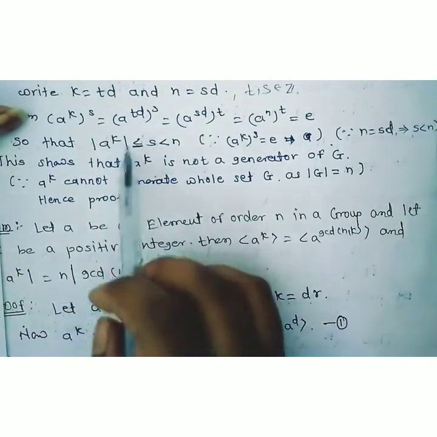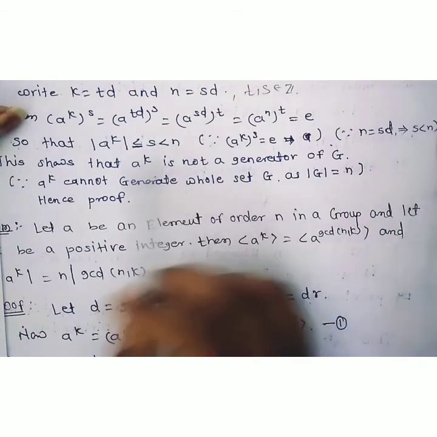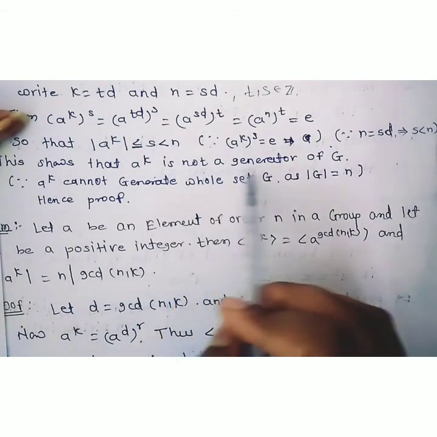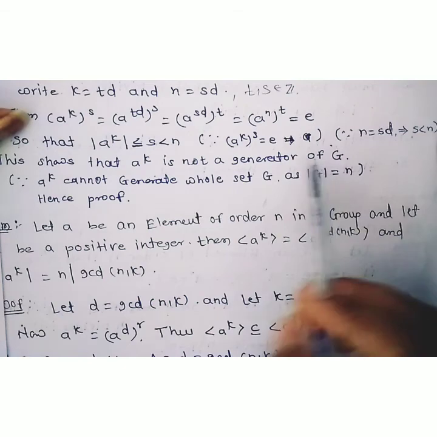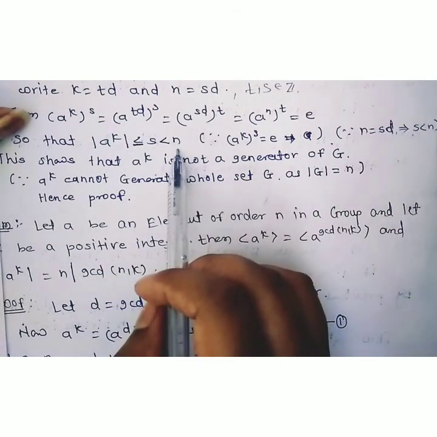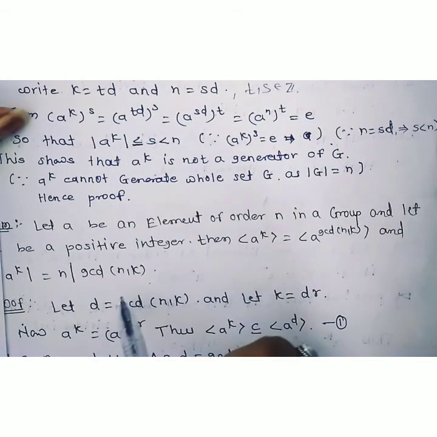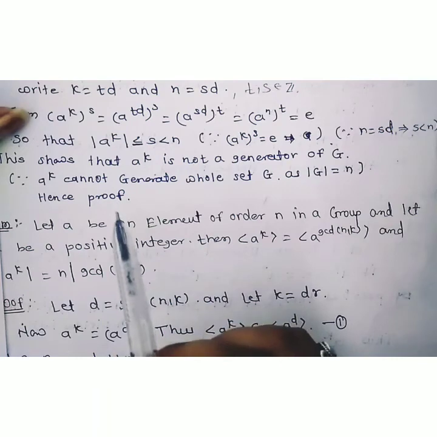Therefore, we have the order of a raised to k less than or equal to s, which is strictly less than n. This shows that a raised to k is not a generator of the group G, since its order is strictly less than n. But what is the order of group G? The order of group G is n.